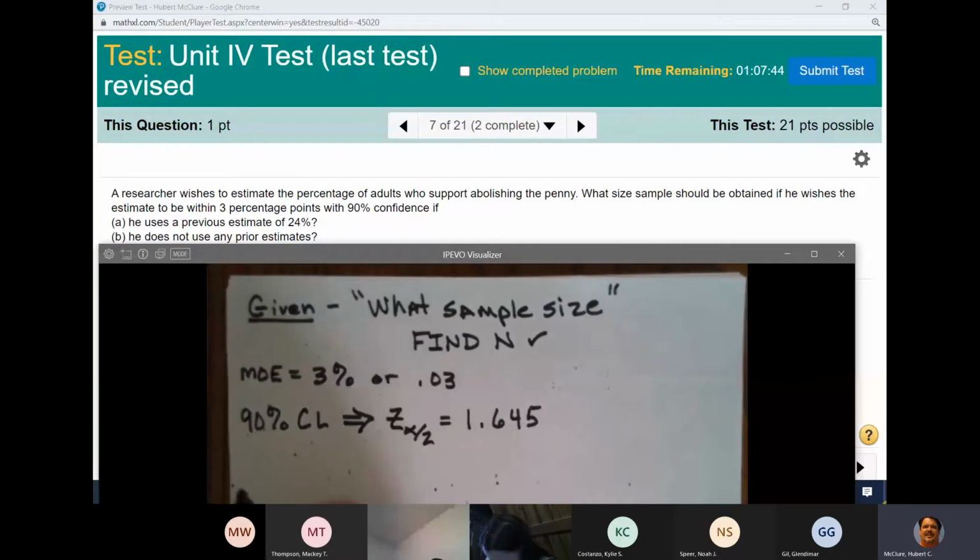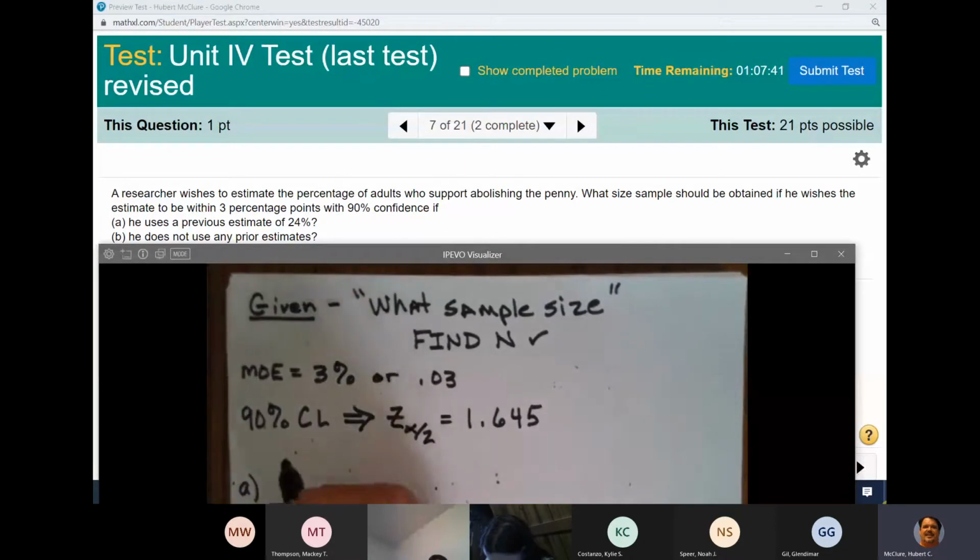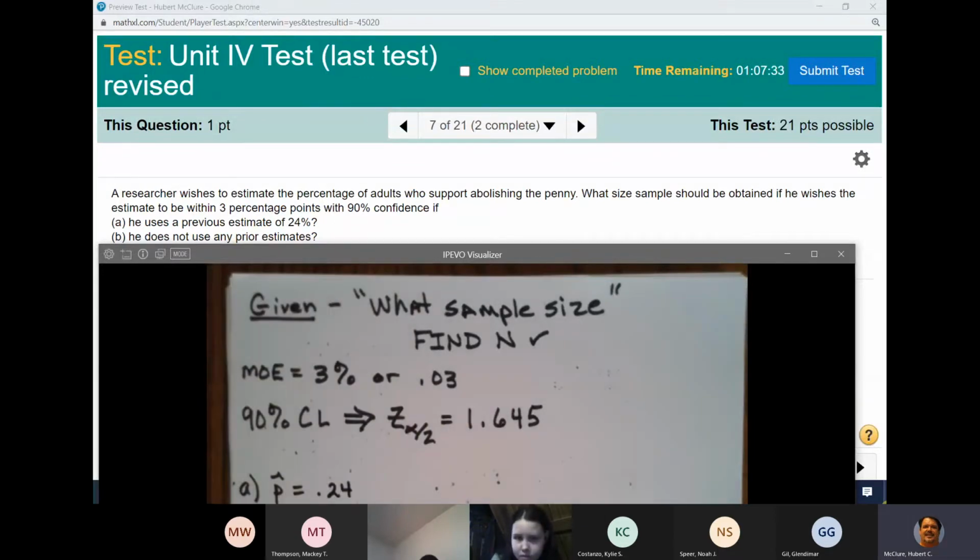And then A gives us P hat is equal to 0.24. Therefore, Q hat, what is Q hat? 1 minus 0.24, which is 0.76?